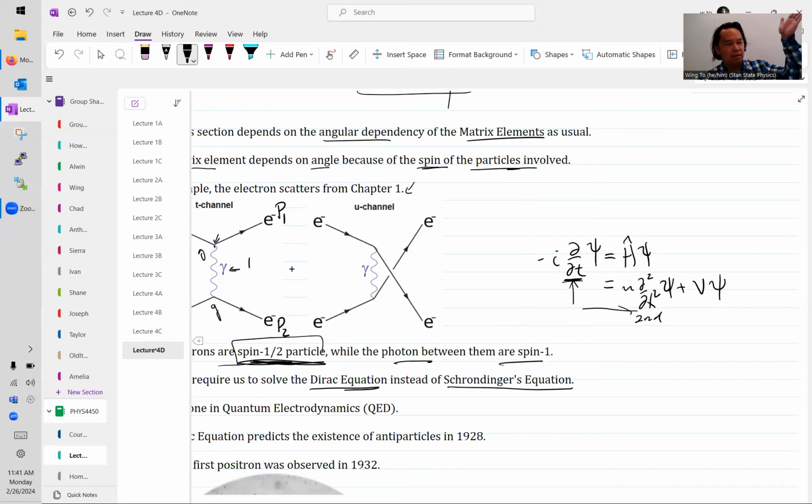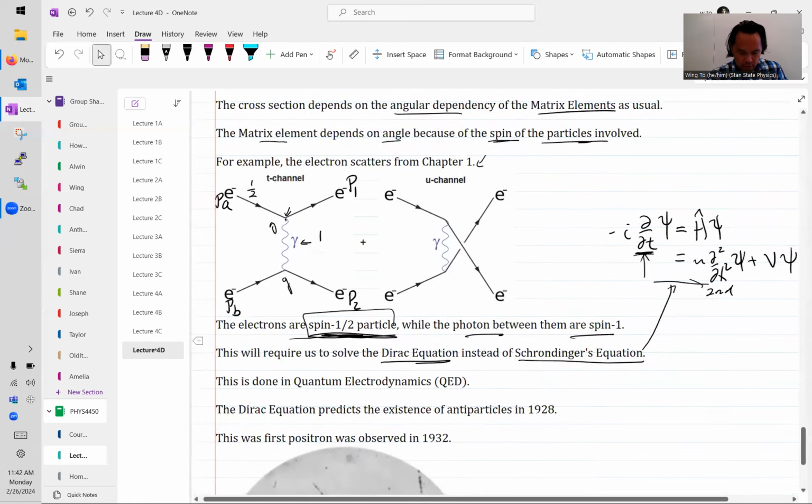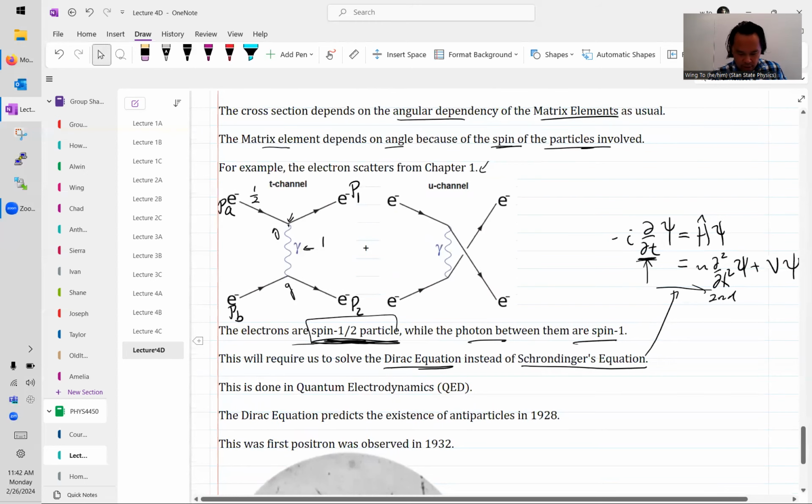The rate of change is a first derivative in time, but that's equal to the second derivative in space. This is where we see that the Schrodinger equation is not going to give us the full picture of what's going on in relativistic quantum mechanics.